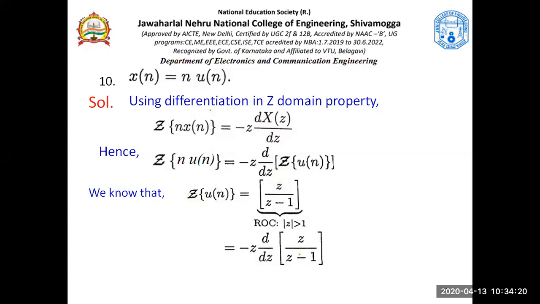You're differentiating z by z minus 1. Those who are solving it are focusing, are putting in effort. Those who are not should be doing this, because let's be positive about what we are doing. Then certainly things will happen in our favor. So we want to learn, we are learning.